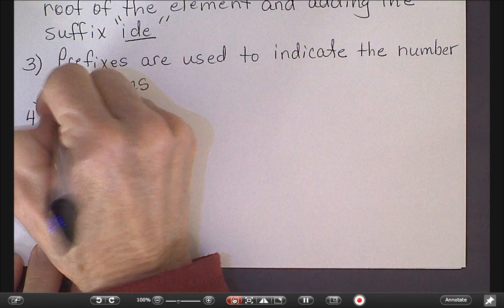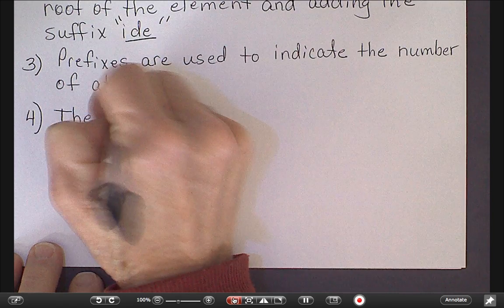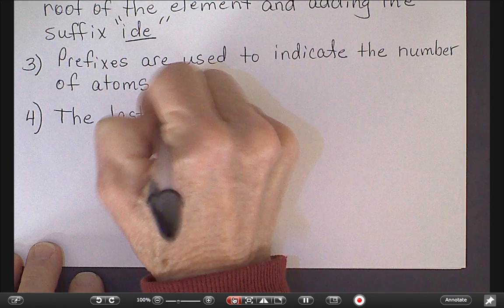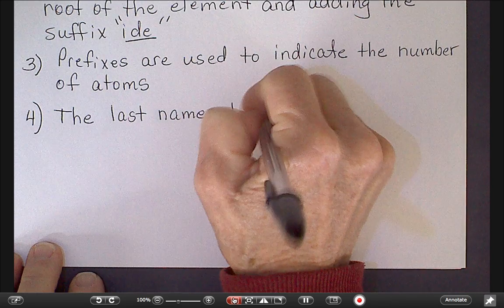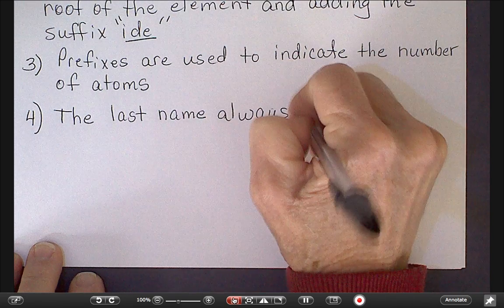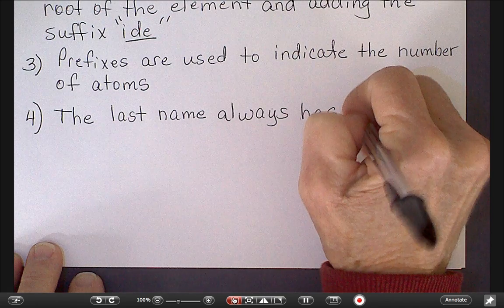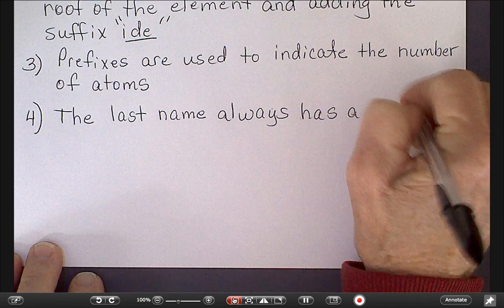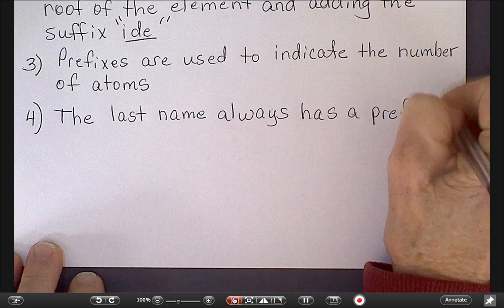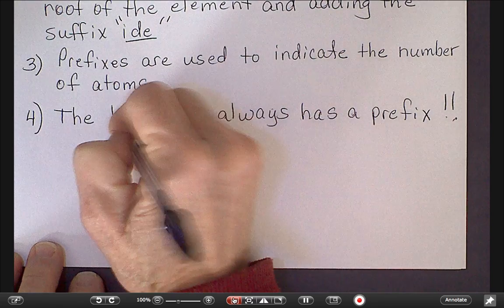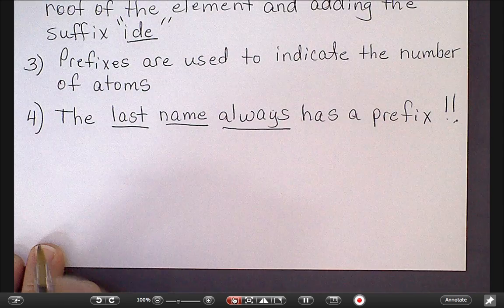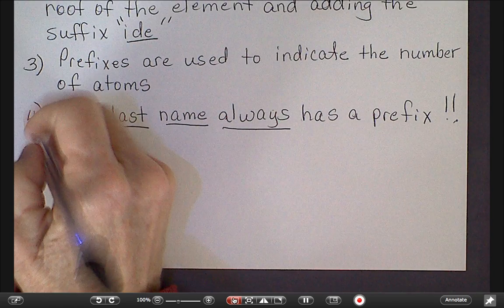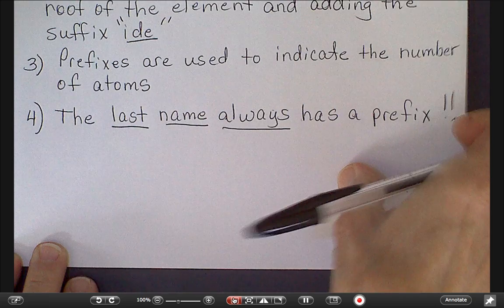The last name always has a prefix. Which one? Always. Now then, there's one exception for the first name.